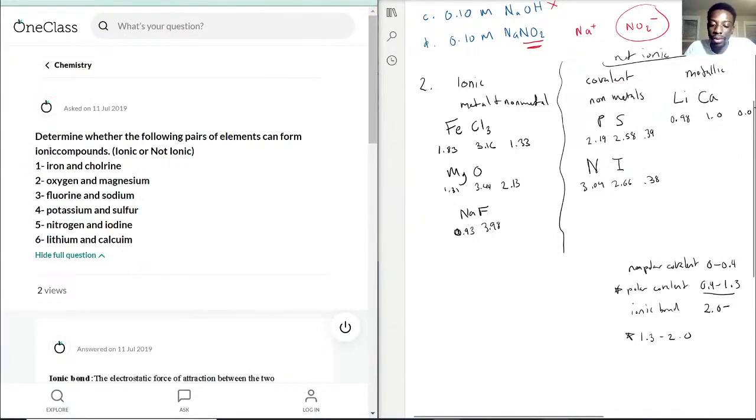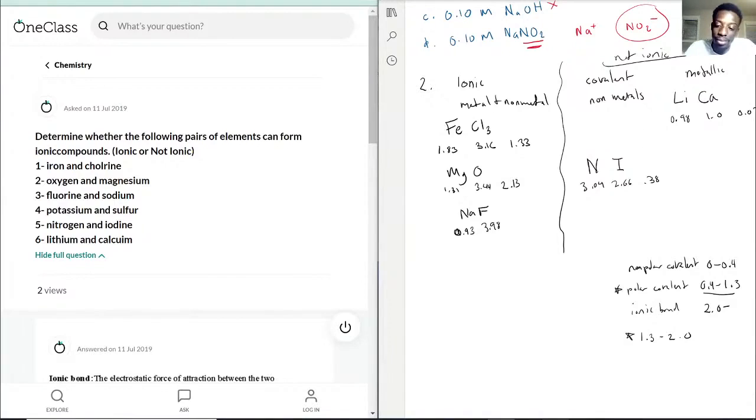So we have iron chloride, magnesium oxide, and sodium fluoride as ionic, and we have phosphorus and sulfur here, nickel and, oh, I did phosphorus and sulfur, not potassium and sulfur.